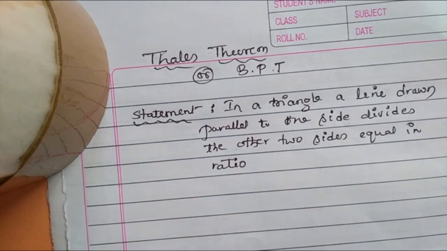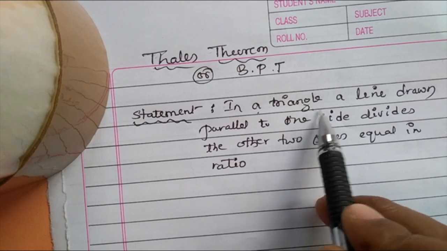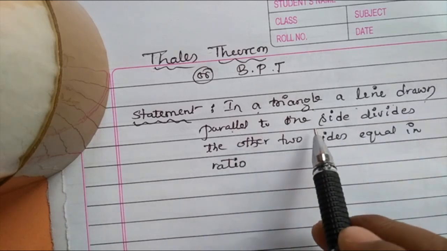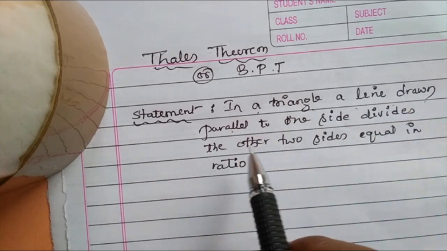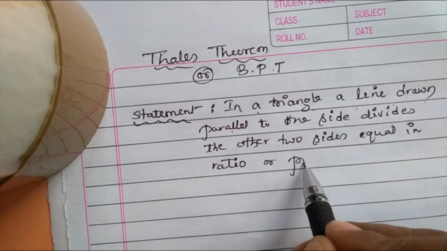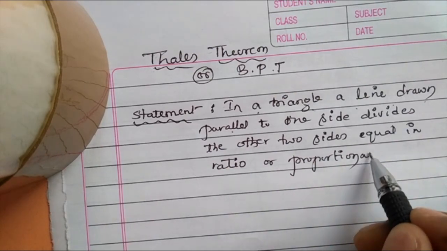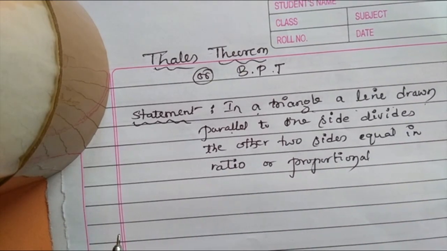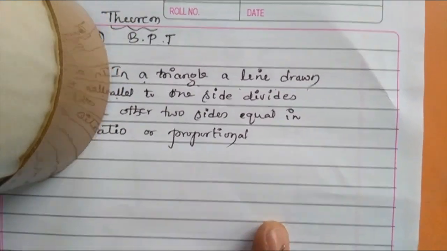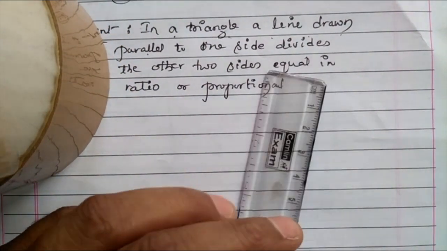This is the statement of the Thales theorem, students. I repeat, in a triangle, a line drawn parallel to one side divides the other two sides equal in ratio or proportional. They are in proportion. The required diagram for that statement.